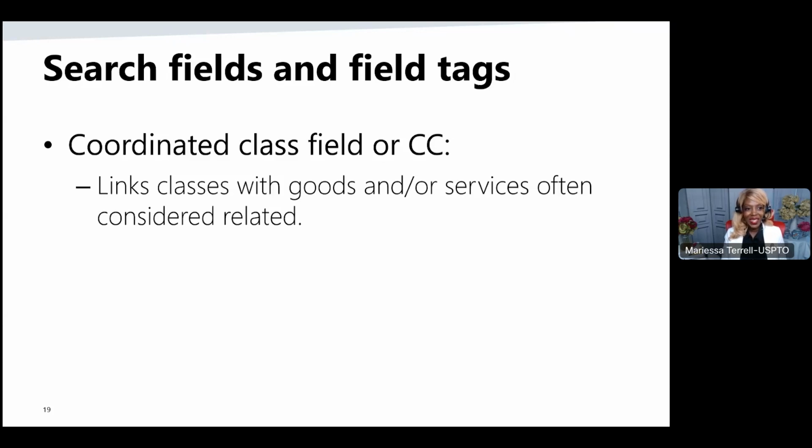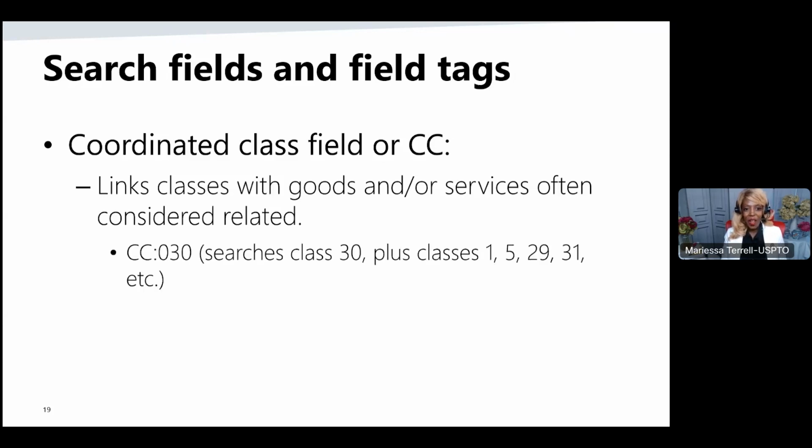So in this instance, notice that we're using a 3-digit class number with our CC coordinated class field tag, okay? Here, if we add CC colon 030, we're telling the system to look at class 30, but also look at other coordinated classes.